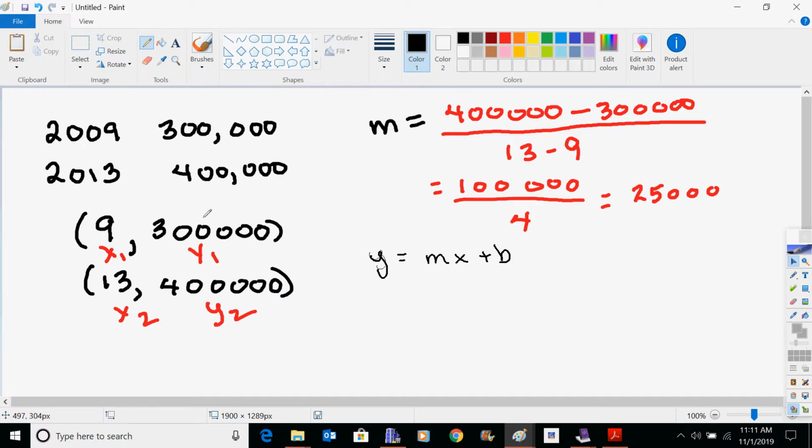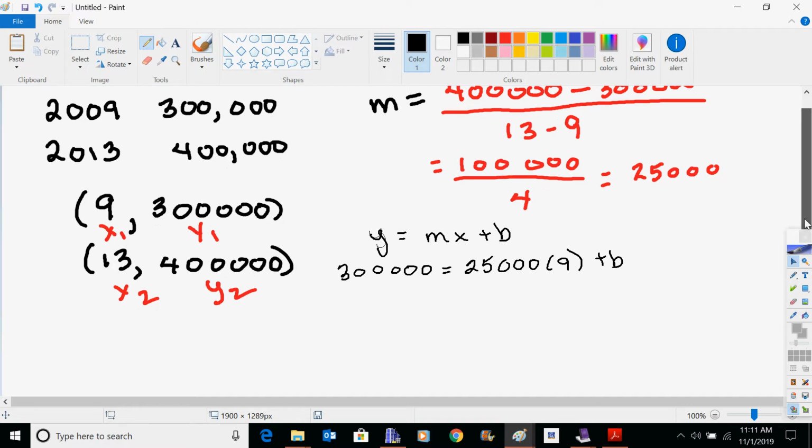So let's pick our 300,000. And what's our m? 25,000. And what's our x? 9. Plus b. Some of you might know other ways of solving for this, but we're just going to do this one.